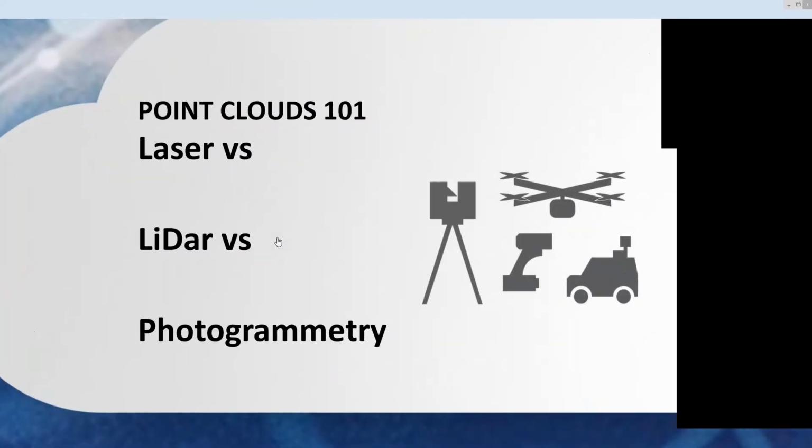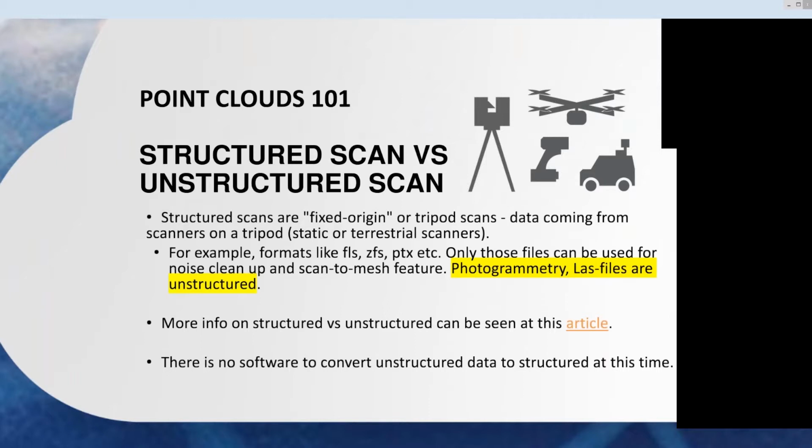Another thing you should really understand is laser versus Lidar versus photogrammetry. Lidar is laser based, but Lidar can also be terrestrial. I mean, it can be terrestrial and mobile at the same time, so it has different options. The reason I bring that up is because when you're working in Recap or some of the other tools that have auto extractions, like measuring pipes or grabbing center lines, some of the programs will not work with unstructured scans.